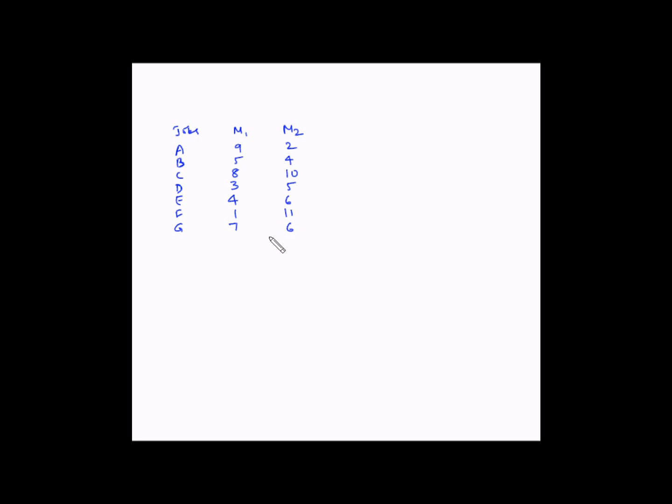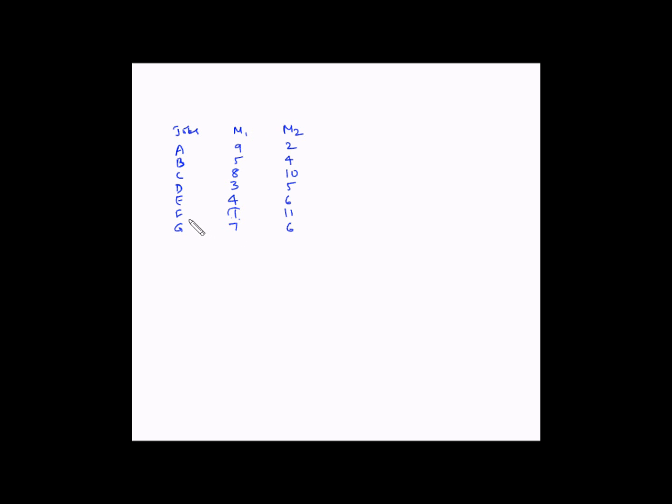So as per Johnson's rule, the next step is to select the shortest operation time. So here the shortest operation time is this for job F. Now the next step on Johnson's rule says that if the shortest time is for the first machine, do the job first, and if it is for the second machine, do the job last. So here the shortest time is for machine M1, which is first in sequence.